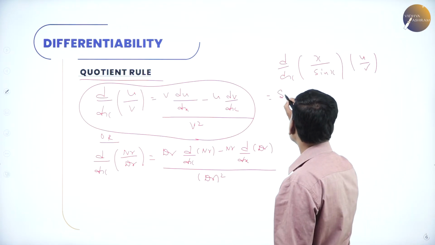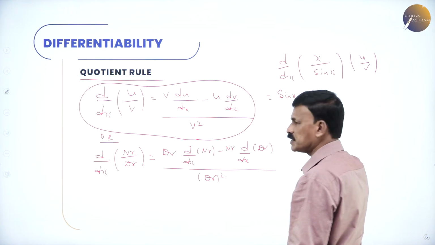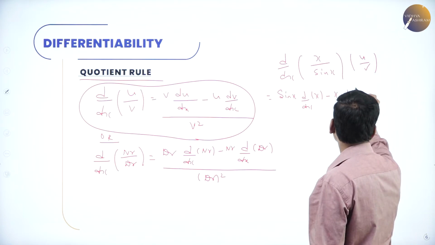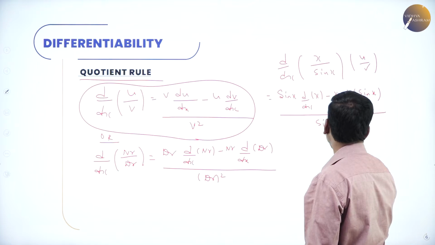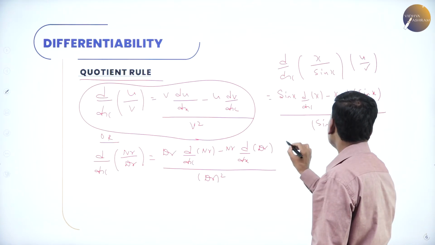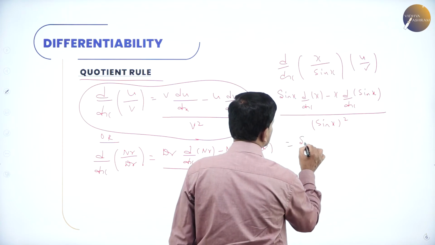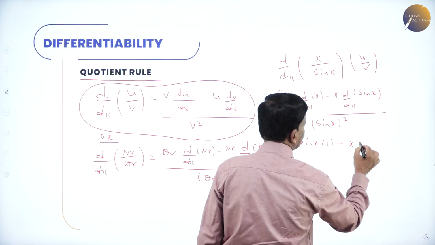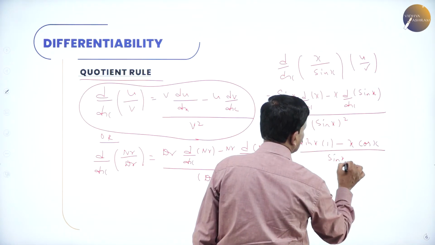Denominator constant, sin x, d by dx of numerator, minus numerator constant, d by dx of denominator, divided by denominator square. Now wherever there is d by dx, differentiate. So sin x into the differentiation of x, which is 1, minus x into the differentiation of sin x, which is cos x, divided by sin x whole square.